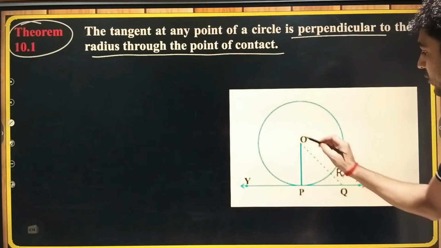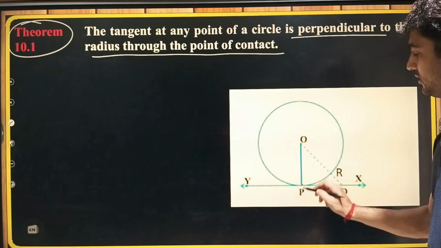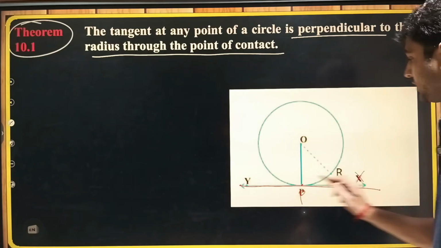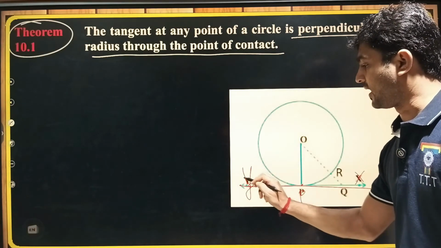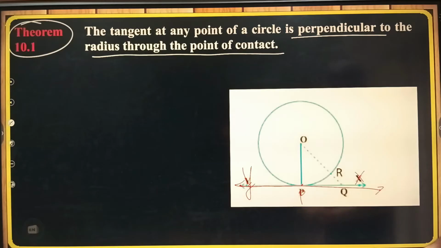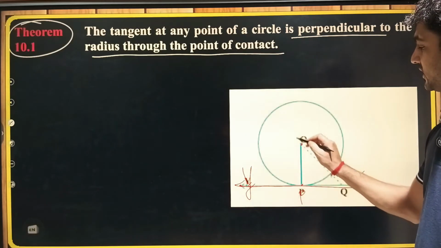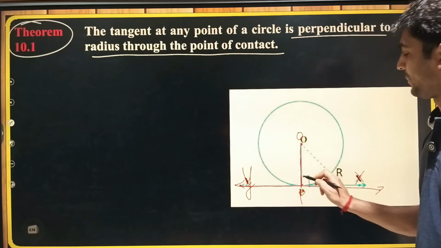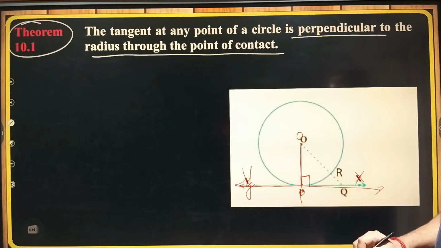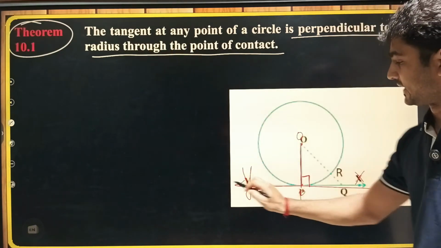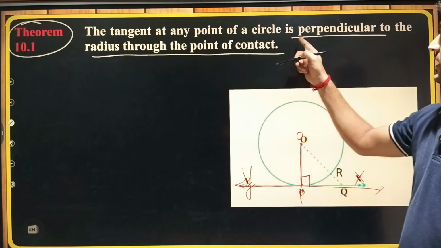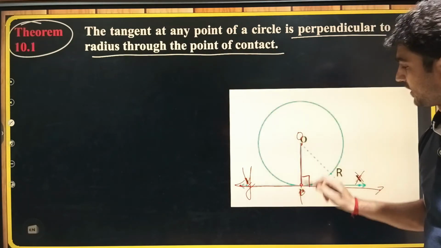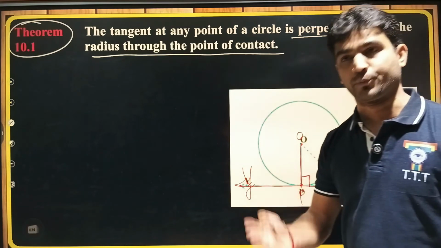If you consider the point P, and here is XY, where XY is a line, and this is the point of contact with the center of the circle O, this line is perpendicular. The tangent at any point of a circle is perpendicular to the radius at the point of contact. This we need to prove.